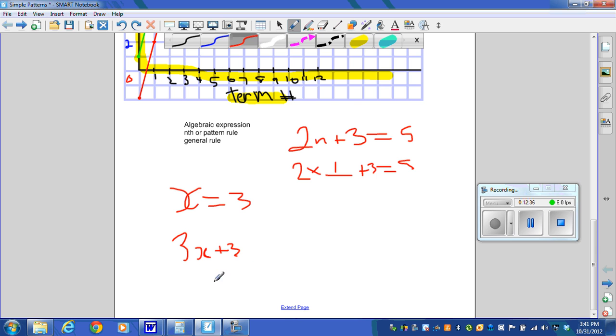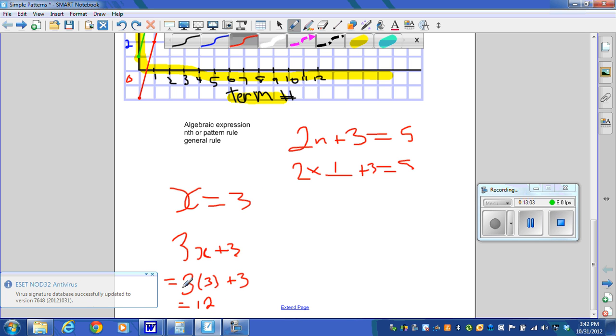What you're going to do is simply substitute in for x. 3 in brackets. This means 3 times 3 plus 3, which is going to equal a value of 3 times 3 is 9, plus 3 is 12. Now this is kind of funny in that 3 times 3 plus 3 gives you the same value as 4 times 3. Interesting, in this particular pattern.